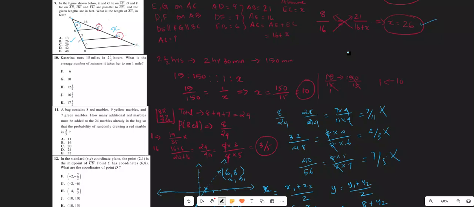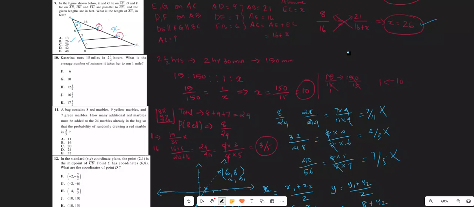Create a ratio between the distance and time. So 15 miles is to 150 minutes. So create a proportion. If she can run 15 miles in 150 minutes, for 1 mile, how much time does she need? That is the way you can tackle this problem.